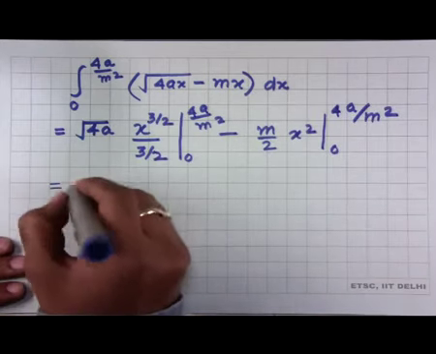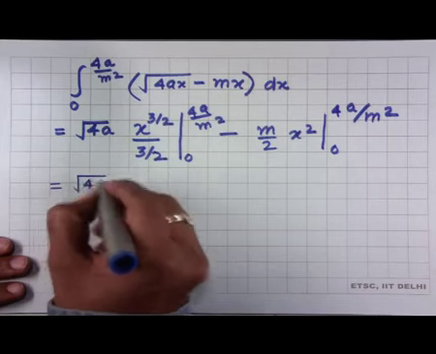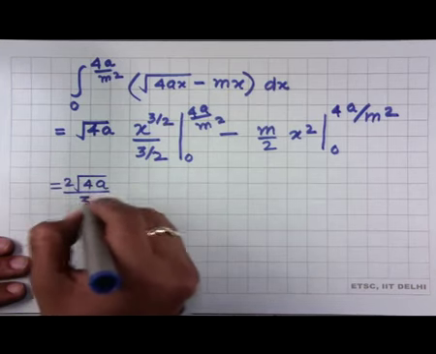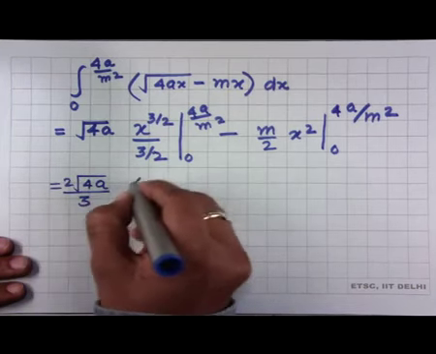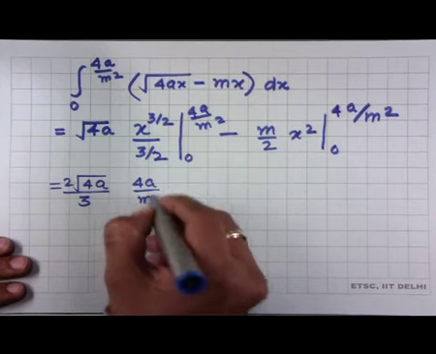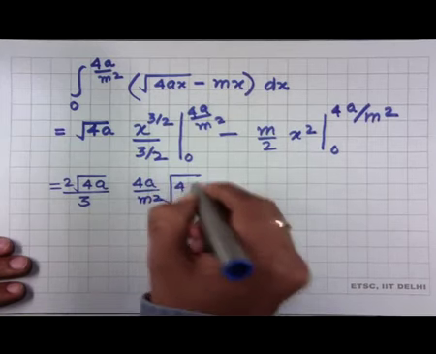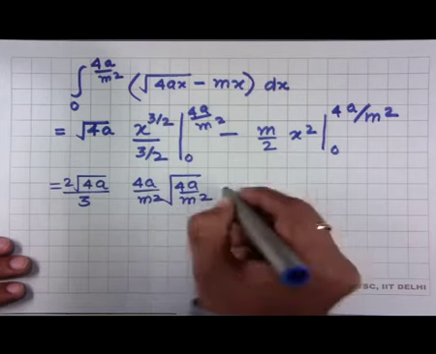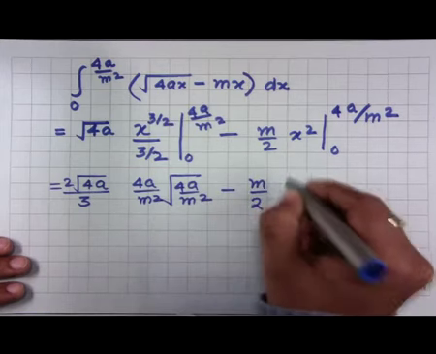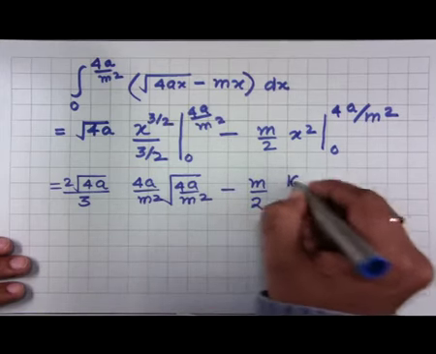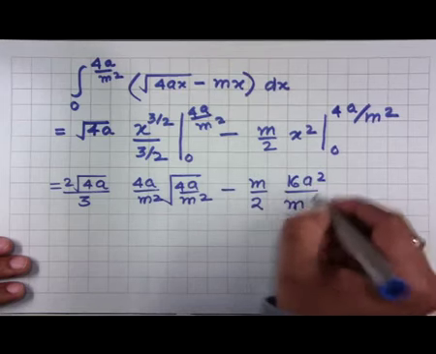You get 2 by 3 into 4a by m square under root 4a by m square, minus m by 2 into 16a square by m to the power 4.